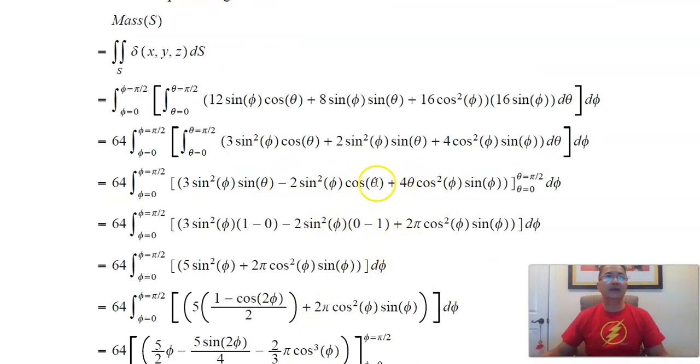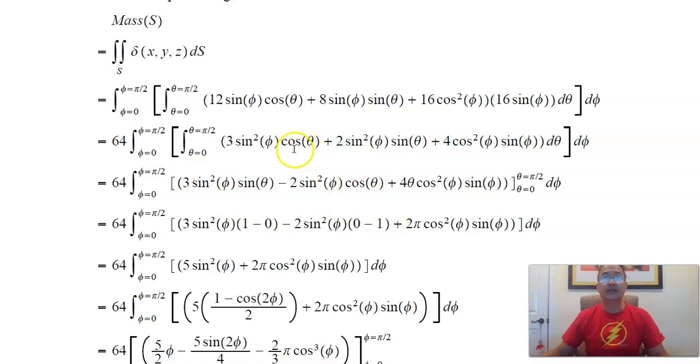All right, so here we go. Another lovely integral. We have that extra factor right here. This is the integrand that we got from our density function after we plugged in x, y, and z. Here are the limits. It's actually pretty straightforward for a change.